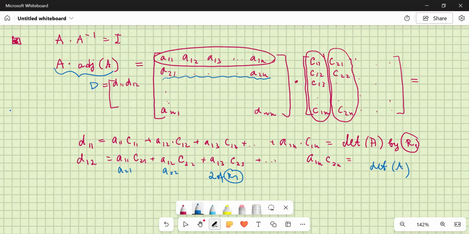But if we restore it back to the matrix, it's going to look like we put elements of the first row instead of elements of the second row, and we kept the rest. And of course, the determinant of a matrix with two same rows is equal to 0. So here we are going to have 0, and that means that this element is going to be 0. What is going to happen to all other elements like D13, D14, and so on?